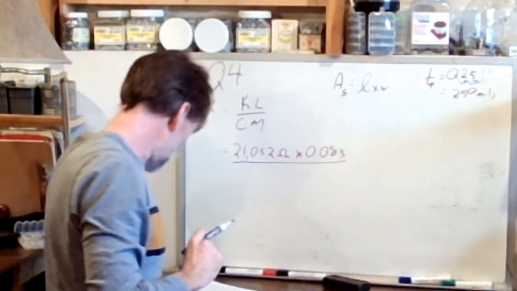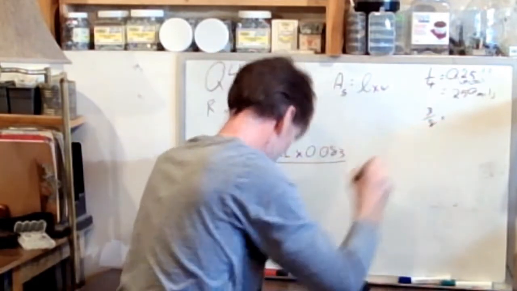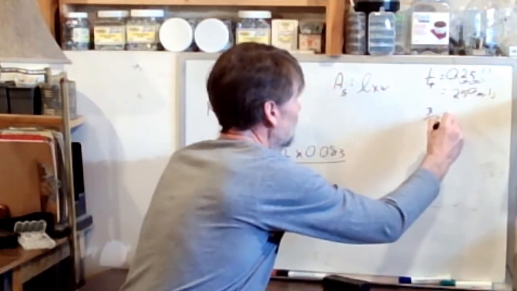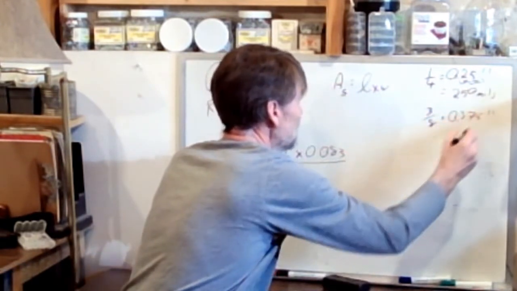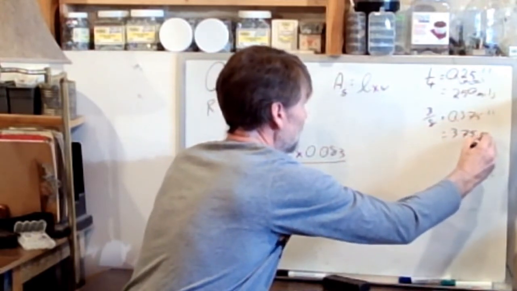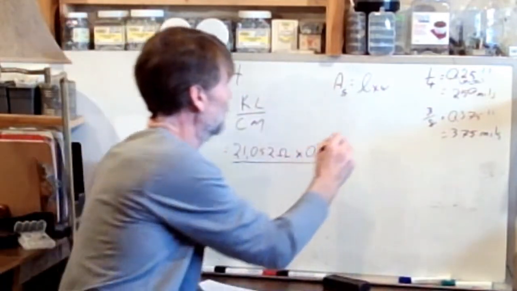So that's the first side. The other side is 3/8. So 3 divided by 8 equals 0.375 inches, which is equal to 375 mils. Okay, so we can take that back over here.